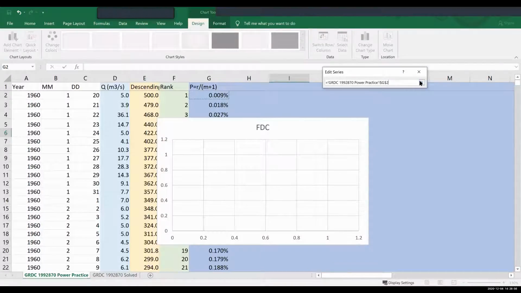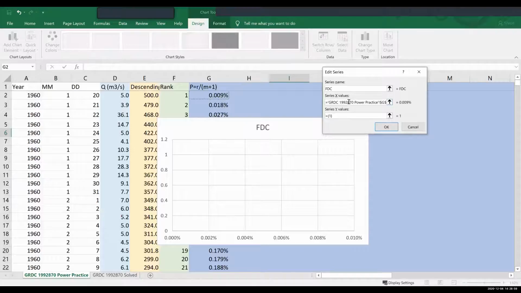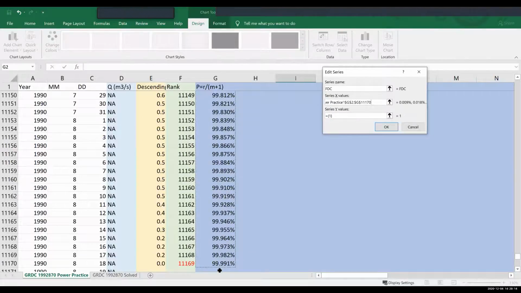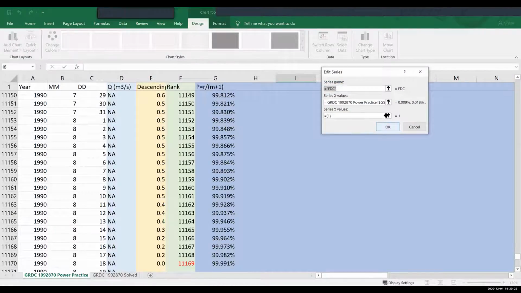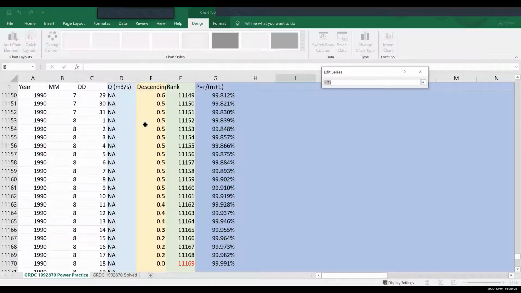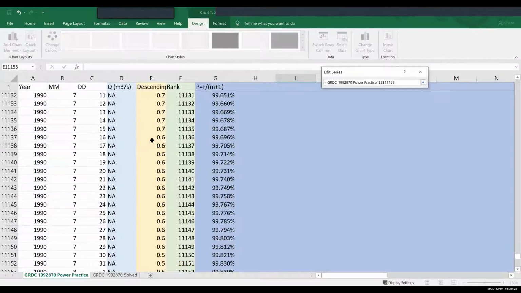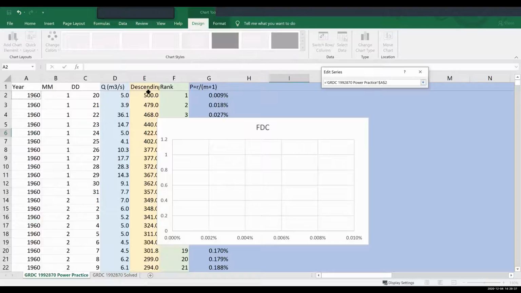Sorry, I made a mistake here. Let's do it again. It is from the top to this column. Then I have to add on the y-axis.